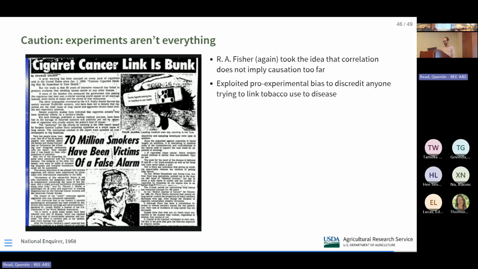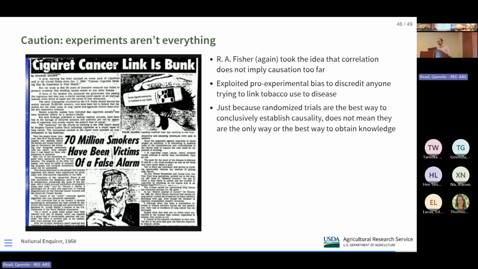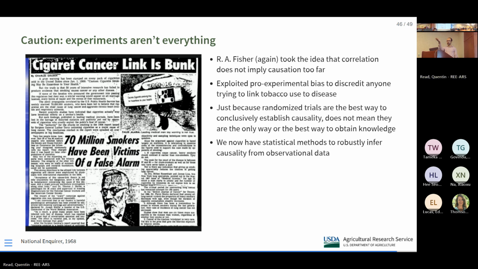So basically, yes, it is true that a randomized trial, a randomized experiment, is one of the best ways to conclude something about causality. Doesn't mean it's the only way or the best way to get knowledge. And as Peter and I were talking about yesterday, there are causal inference methods, statistical methods, that we can now use to infer causality from observational data without doing a controlled experiment.